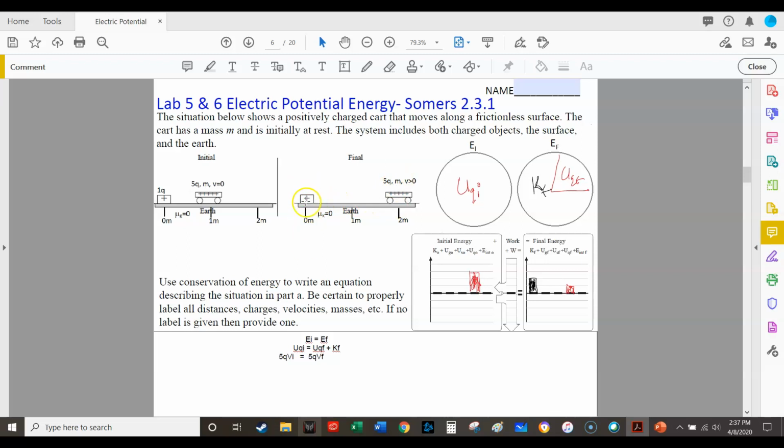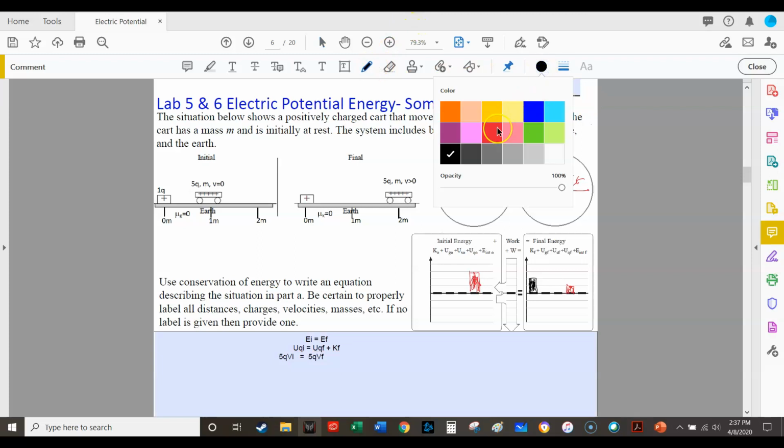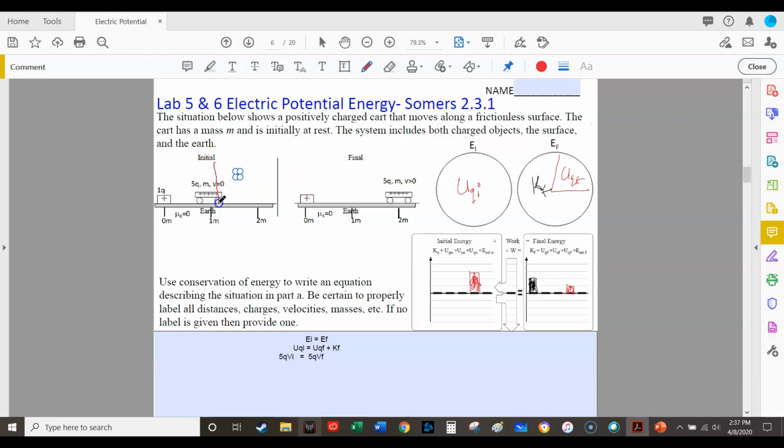So now this 1Q object is creating a final voltage right here. In fact, I'll draw that right there just to make sure that we have this. So this 1Q object is creating an initial voltage here, and later on is creating a final voltage here.